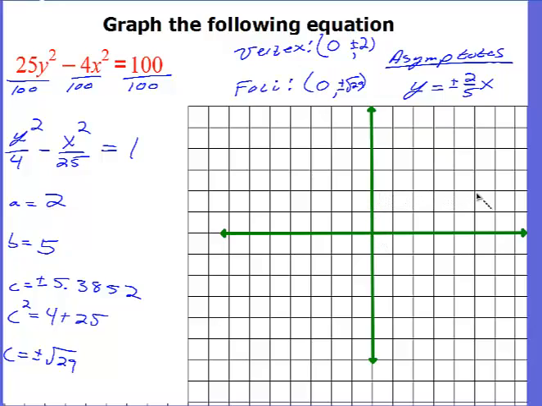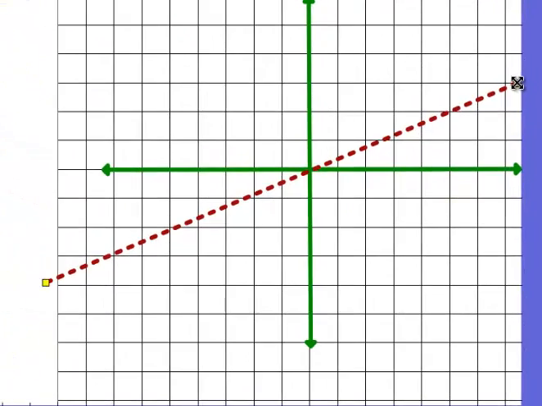There's my one asymptote. I pass through 0, 0, because that's my b, and then I use my slope of 2/5, go up 2 over 5, and put in a dashed line. Everybody okay with my asymptote?